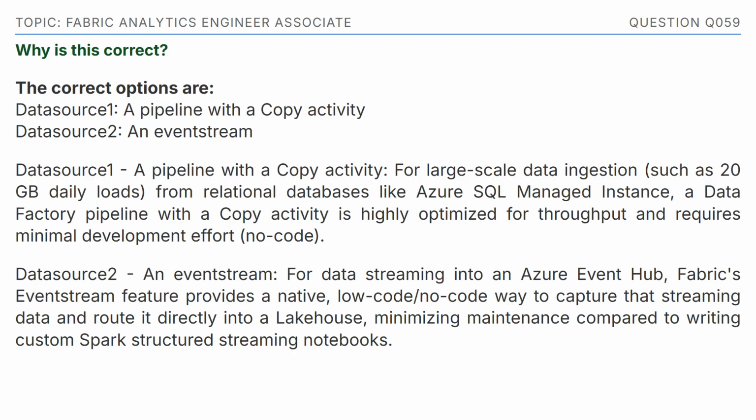Data source 2, an event stream, for data streaming into an Azure Event Hub, Fabric's Eventstream feature provides a native, low-code/no-code way to capture that streaming data and route it directly into a lakehouse, minimizing maintenance compared to writing custom Spark structured streaming notebooks.